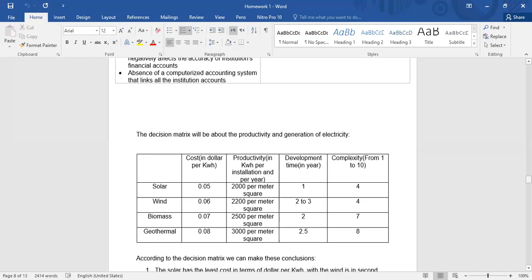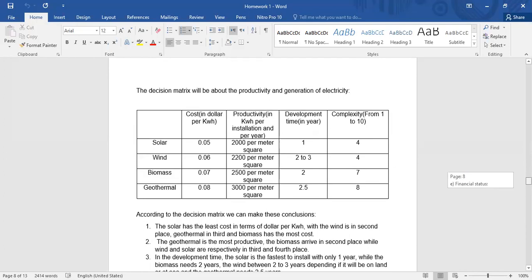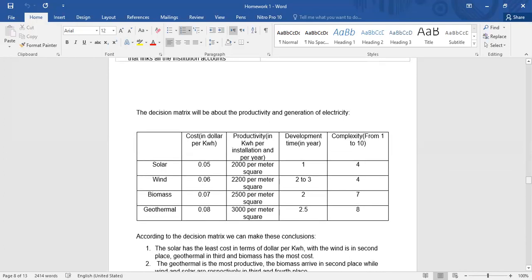As I told you, in the decision matrix we will talk about productivity and generation of electricity. We have, for example, 4 projects. We can produce electricity due to solar energy, wind energy, biomass, or geothermal. In this matrix we have 4 criteria. We have the cost, which is 5 cents for solar and goes up to 8 cents for geothermal.